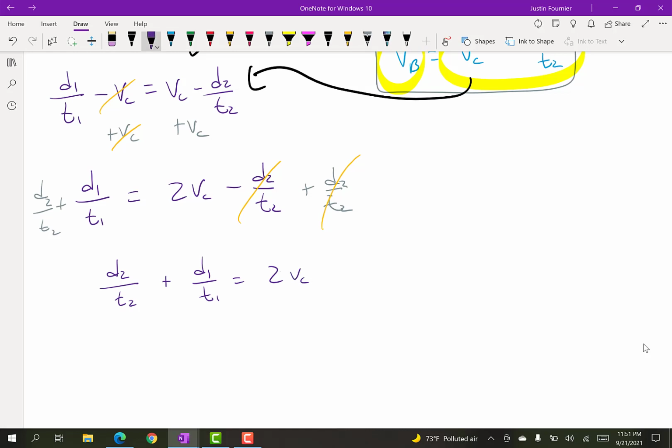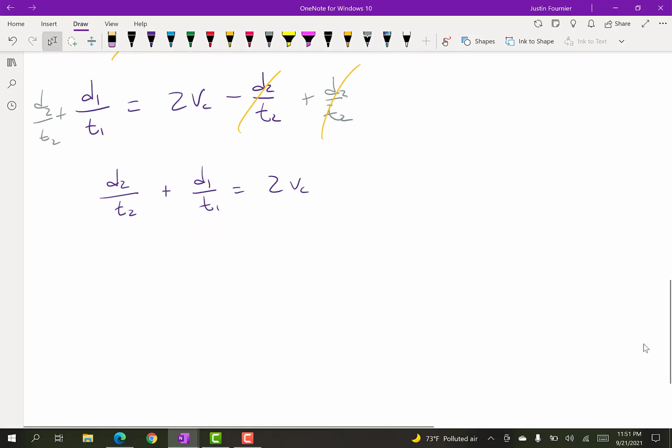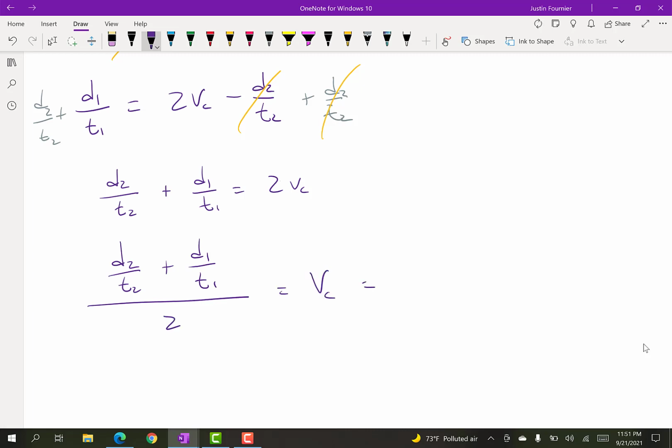Okay, so basically now all I got to do is divide both sides by 2 and plug everything in. So I'm going to say D2 over T2 plus D1 over T1, divided by 2, is equal to VC. And now I'll plug everything in.